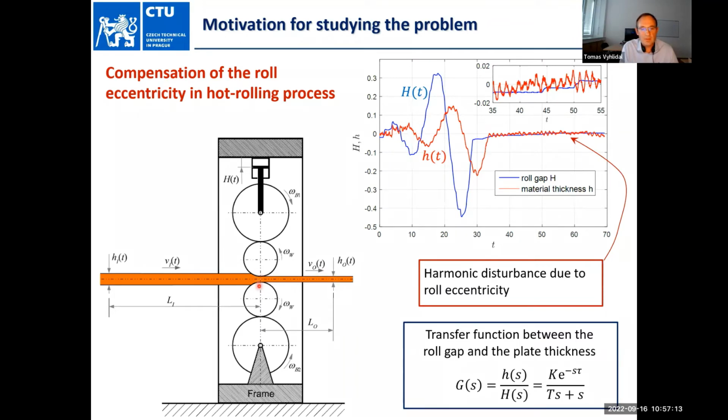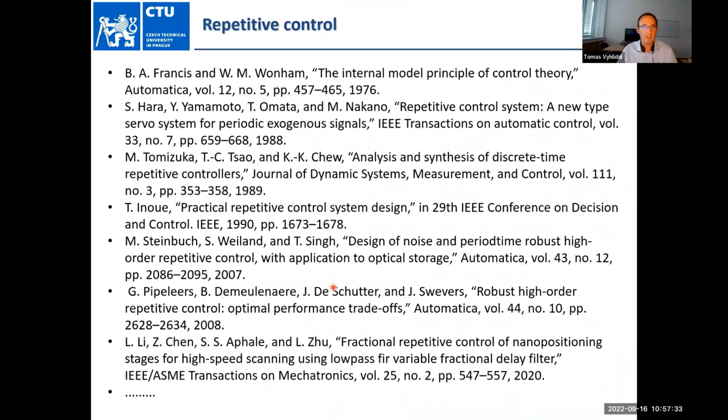Another problem which we face here is the relatively long measurement delay, because the control action comes here, but the plate thickness cannot be measured directly at the roll position; it's measured at some distance. So it really brings a substantial delay.